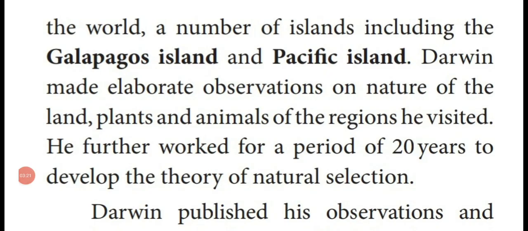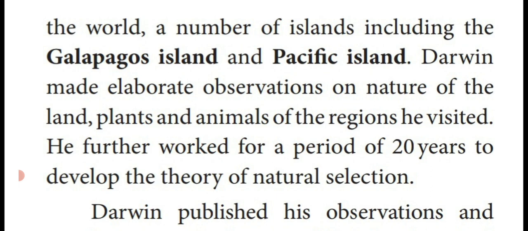Not only South America, he also travelled to different parts of the world and different islands including Galapagos Island and Pacific Island. Darwin made elaborate observations in these two islands. He also studied the nature of the land, plants and animals of the different regions he visited.